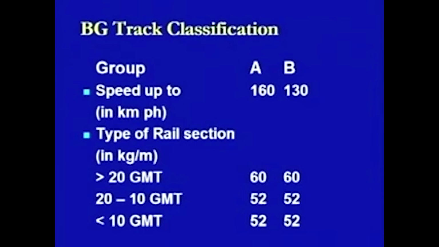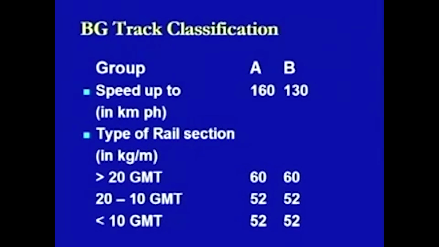For all these categories, the section of the rail has been defined in terms of the weight per meter rail length, and that is taken as 60 kg per meter in the case of traffic load more than 20 GMT for both category A and category B of the broad gauge track classification, whereas it is taken as 52 kg per meter rail section in the two other categories of traffic, that is 10 to 20 GMT and less than 10 GMT, in both category A and category B broad gauge track classification.